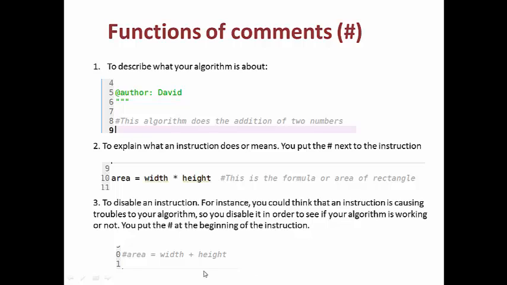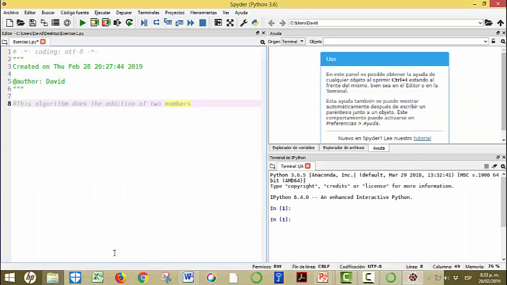How? Put the comment at the beginning of the instruction. When you do this, Python understands that this is not an instruction but a comment, so Python will skip this instruction. Okay, so let's continue with our exercise.